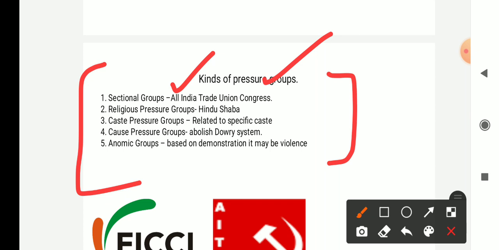Then we have caste pressure groups related to caste. For example, Brahman Sabha. Then Yadavs have their own groups. Then some kind of pressure groups are based on some cause. For example, abolition of dowry system, child marriage.